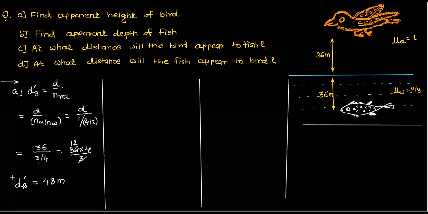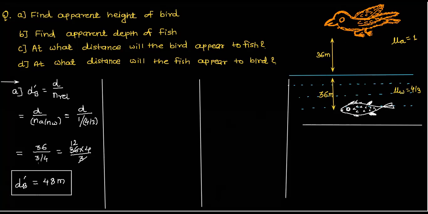So see how great politics nature is playing with one another. Yes or not? For the fish, the bird will appear a little farther than its actual position. So that is the politics, right or wrong? That is what nature is playing with.